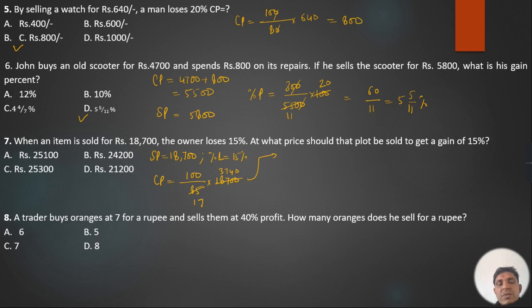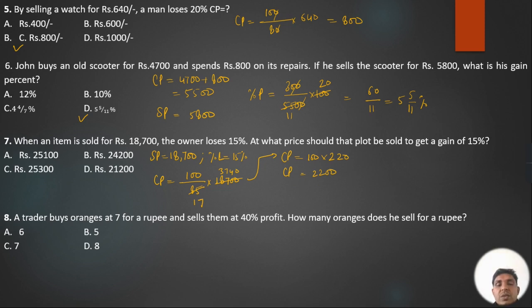For further solving this, we can get cost price is equal to 100 multiplied by 17 2s are 34. So the answer of this question, as a cost price, will be 2200, right?